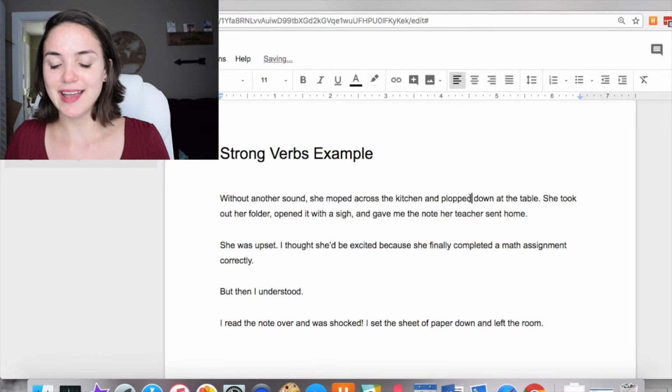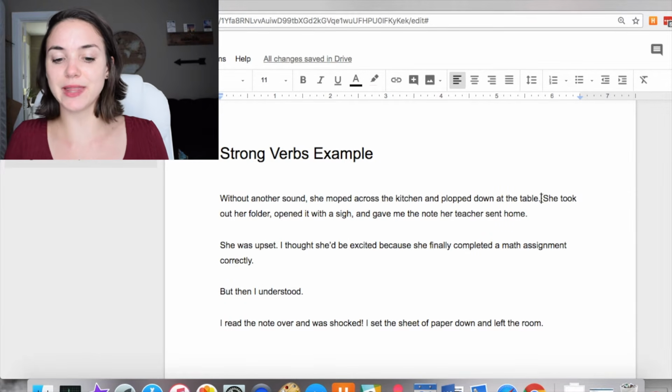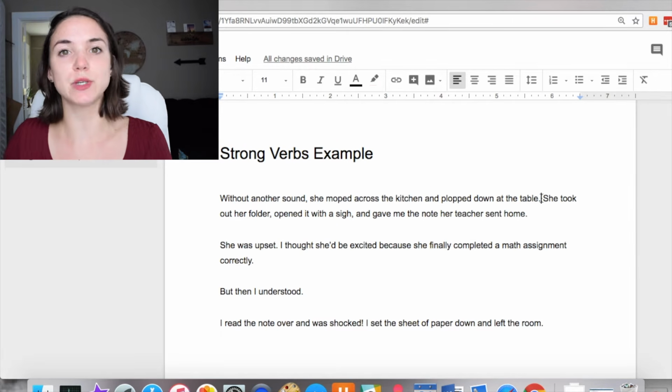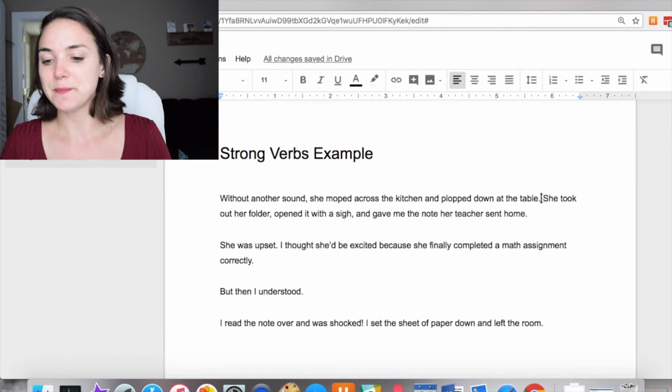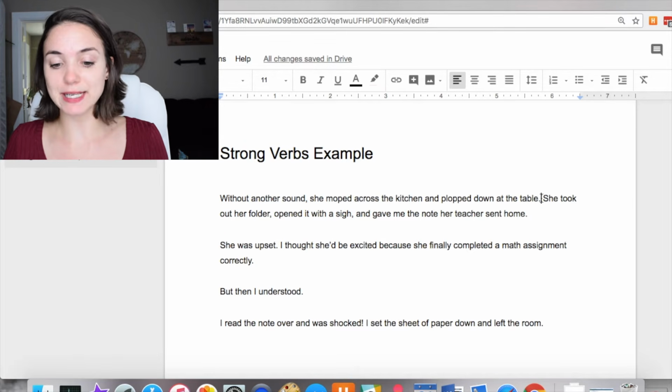Let's do plopped. So now the sentence reads, without another sound, she moped across the kitchen and plopped down at the table. This is a very specific image of how she's walking and what happens when she gets to the table. She plops down. She has no energy. She's upset. And so that sentence is done. We replaced just two verbs with two stronger verbs that paint such a crisper image.